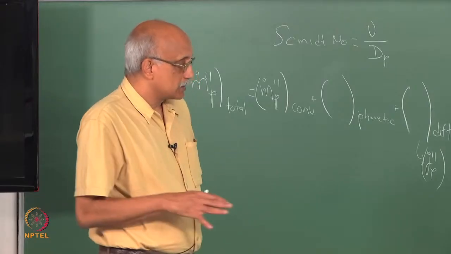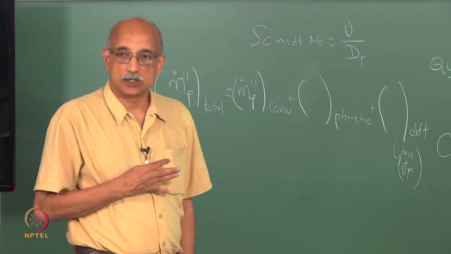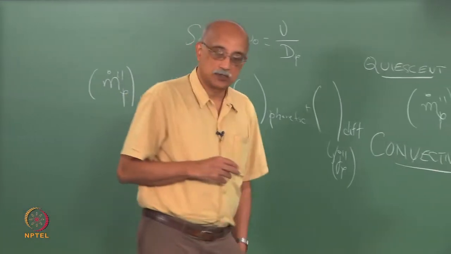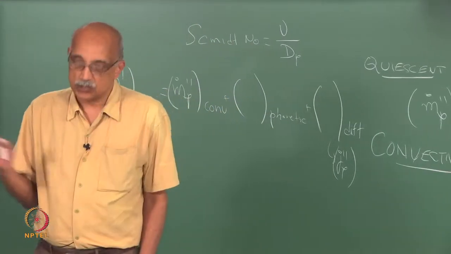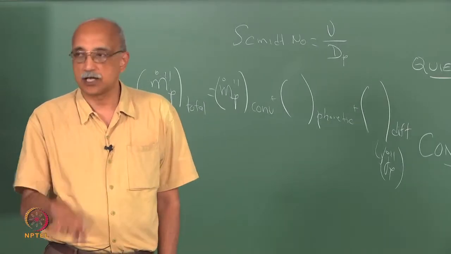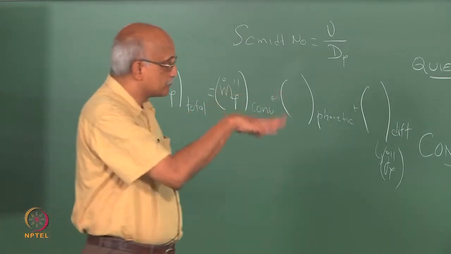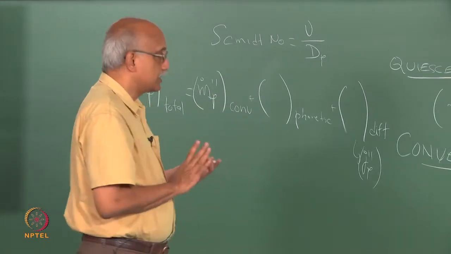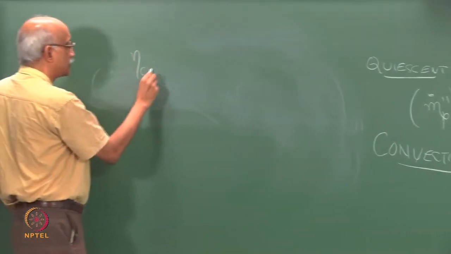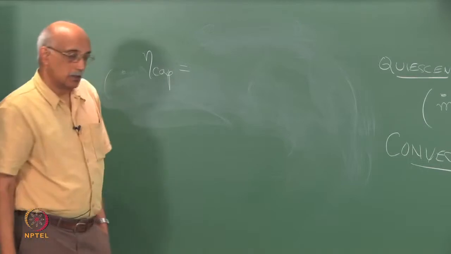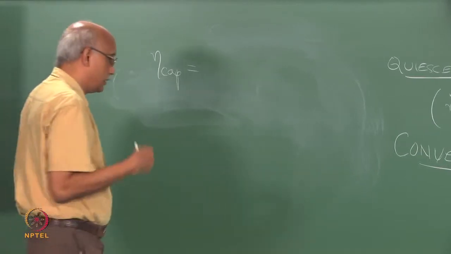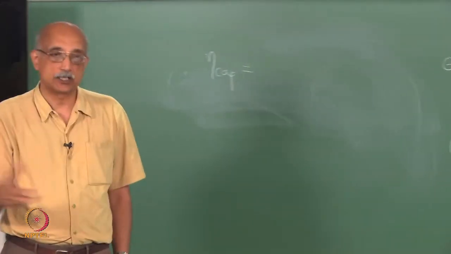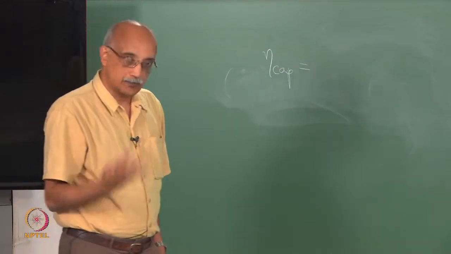How are these parameters related to the capture efficiency that we defined last time? You remember we wrote a parameter called capture efficiency, which is a reflection of what fraction of particles that flow across the surface actually get captured on the surface. Is that parameter related to any of these parameters? Actually, there is a relationship. If you remember our definition of capture efficiency, this was the actual rate of accumulation of particles on a surface relative to a reference value.